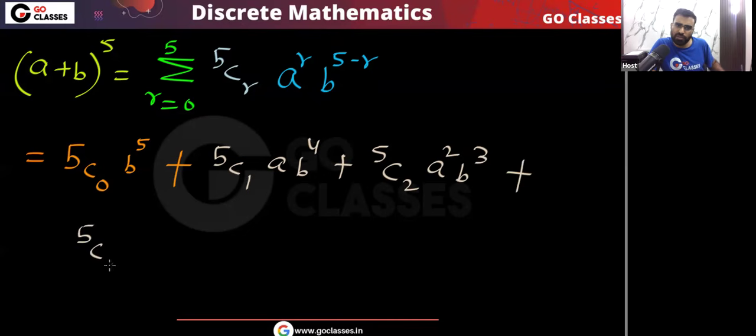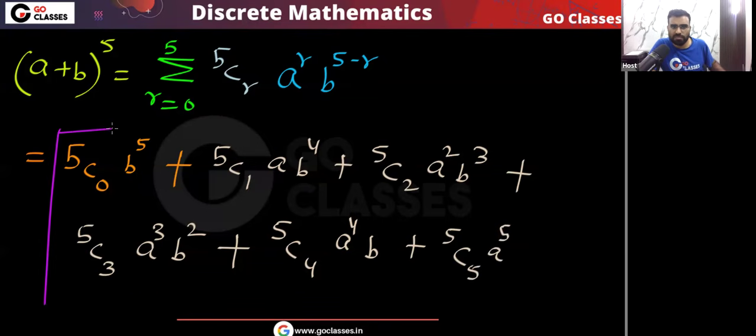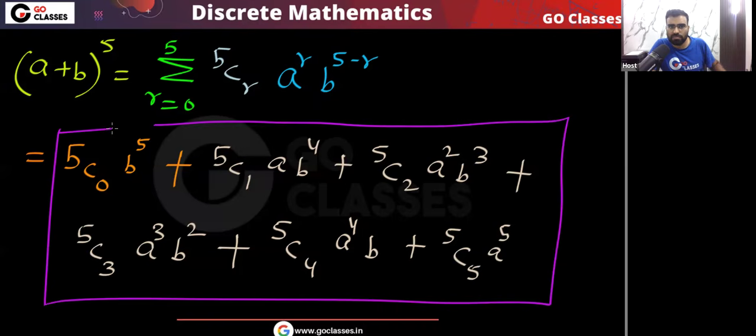If I put r equal to 3, I will get a cube b power 2. If I put r equal to 4, I will get a power 4b. And if I put r equal to 5, I will get a power 5, b power 0, that is 1. So you can see this is the expansion I got.